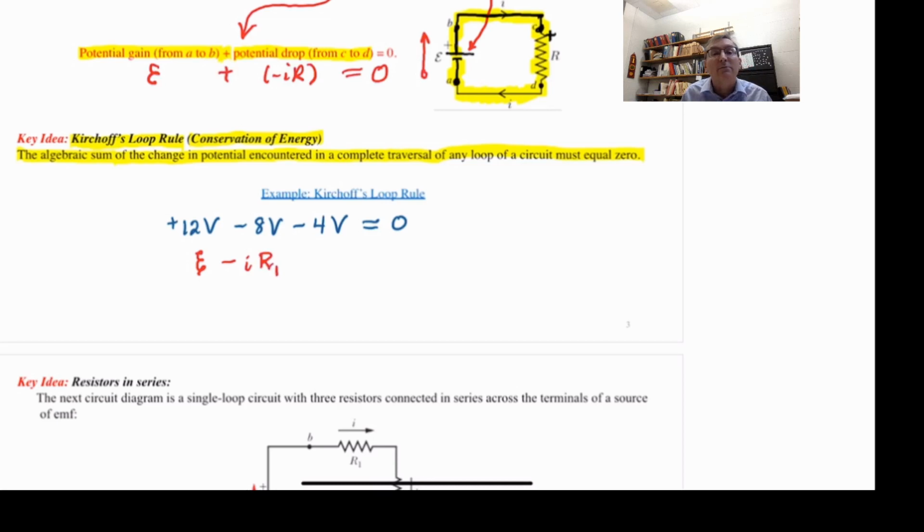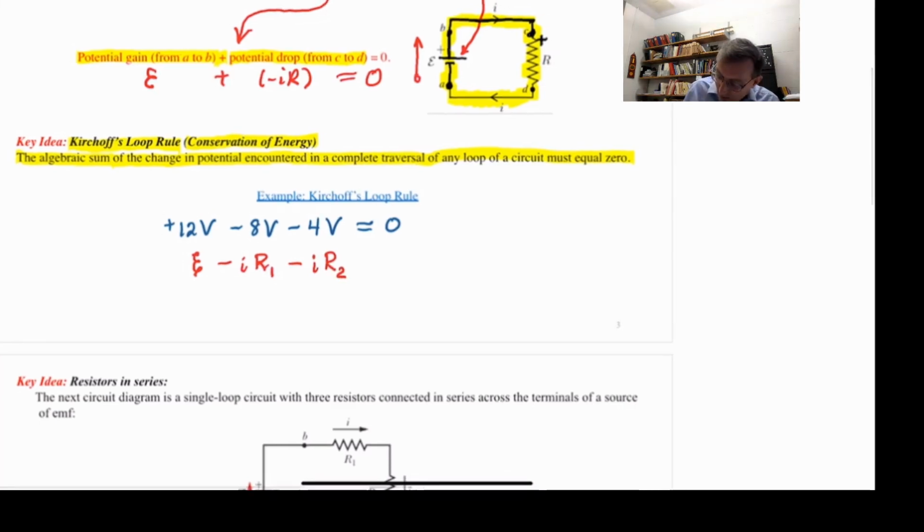It's R1 for the first one. Then minus, for resistor R2, what's the potential drop? The current through it, same I, but the resistance is R2. And the total must equal 0.